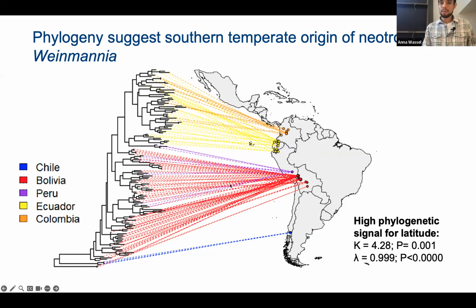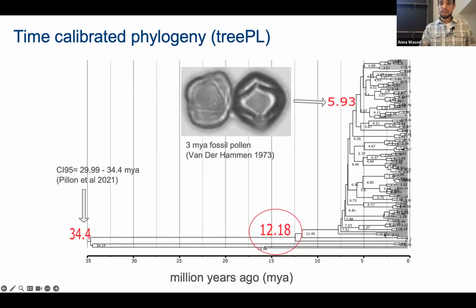This observation is also supported by a high phylogenetic signal for latitude. And in order to understand better the biogeography of this group, we are aiming to get a time-calibrated phylogeny as well. For this purpose, we have used a previously modeled age, which is placed in the root of the tree, and also a fossil pollen record, which was found in the northern Andes.